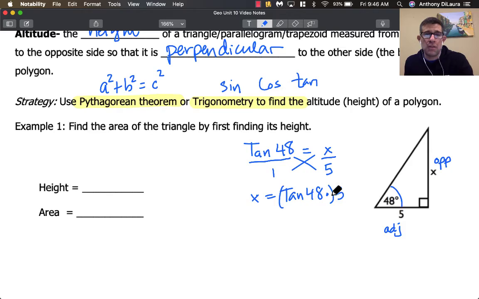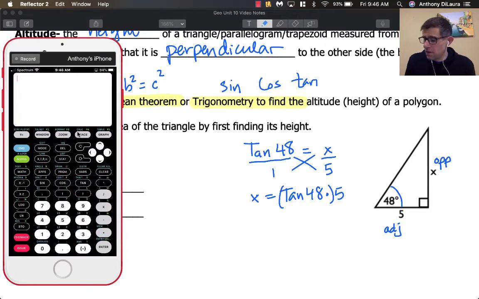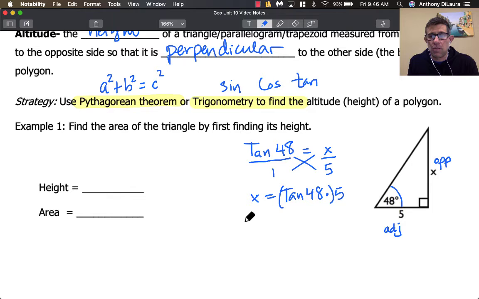If you have your calculators ready, we are going to use our calculator to find that value. We're simply going to type in 5 times the tangent of 48 degrees, close our parentheses, and we see that that is equal to 5.55. So we'll round that to the nearest tenth, and that gives us 5.6. So our height of this triangle here is 5.6.